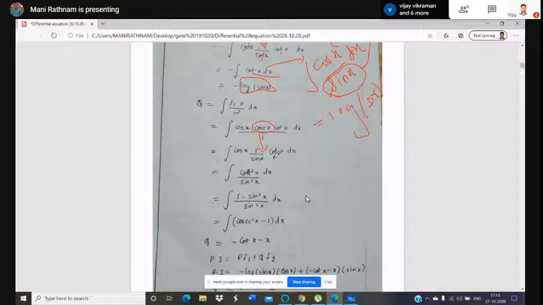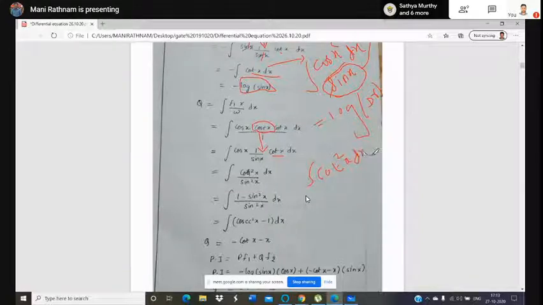And now you see that cot x can be written as cos x by sin x. After that, cos x times cos x gives cos square x, sin x times sin x gives sin square x. Now it gives cos square x by sin square x. It's nothing but the integration of cot square x dx.